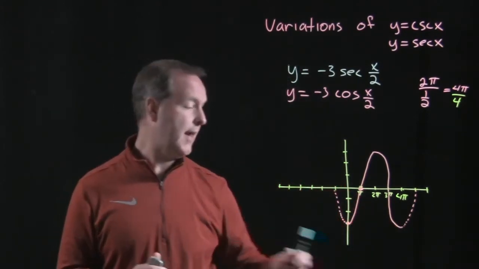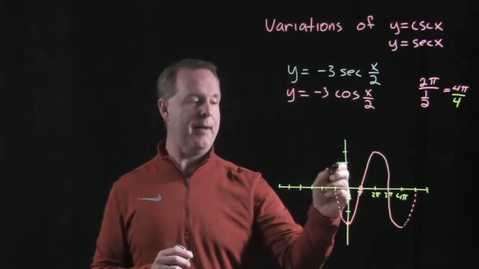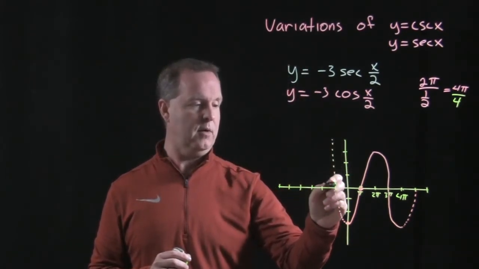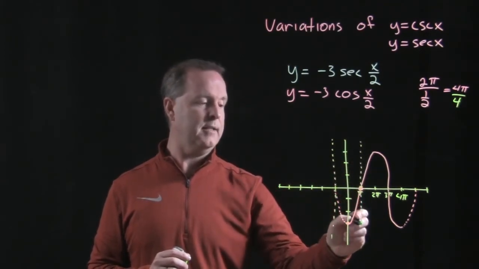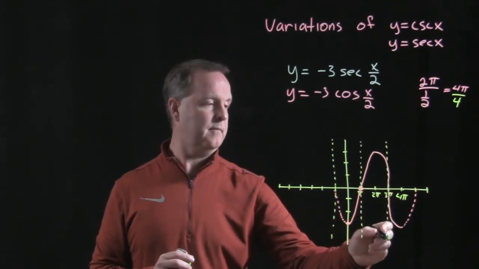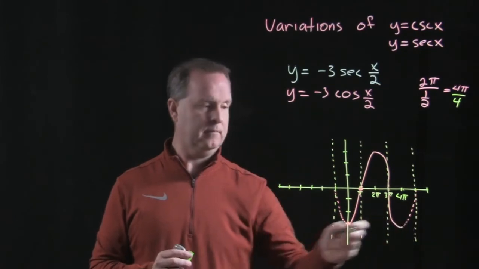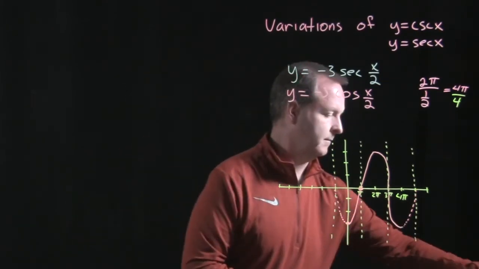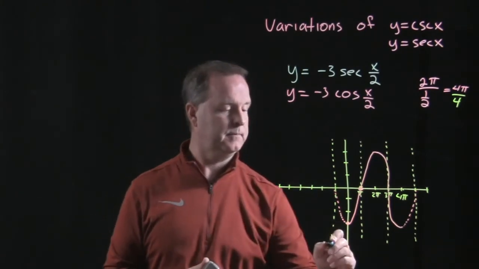From there, we can go ahead and develop our vertical asymptotes. Those happen everywhere the graph crosses at 0, because the secant is undefined at that point. Then from there, it's a matter of drawing their reciprocals.